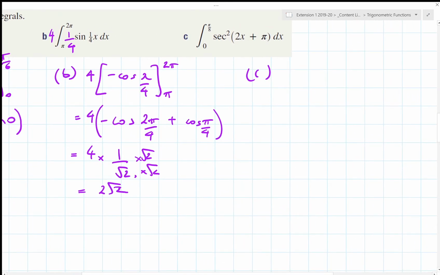And then lastly, the chain rule here is going to be on the 2x. So I will have multiplied by 2, so I want a half out the front. And so I get a half tan 2x plus pi between 0 and pi over 8.